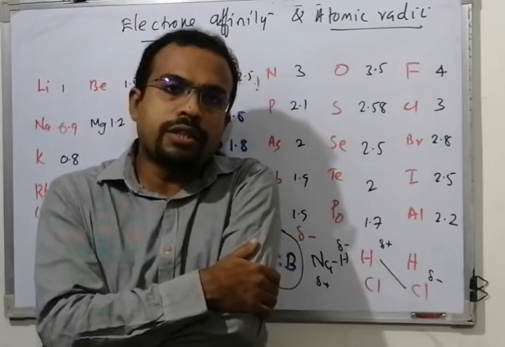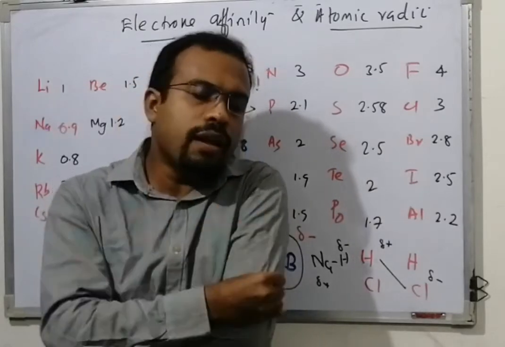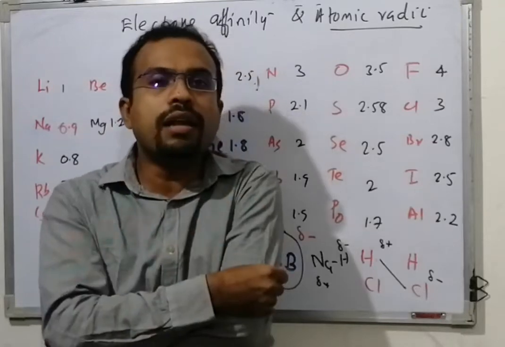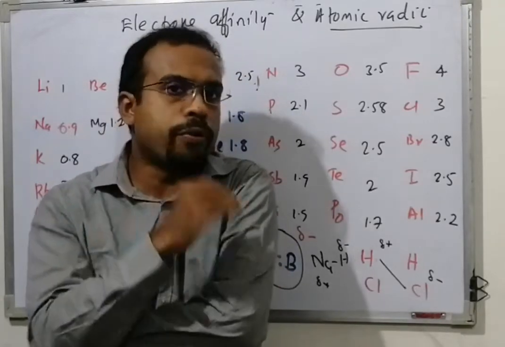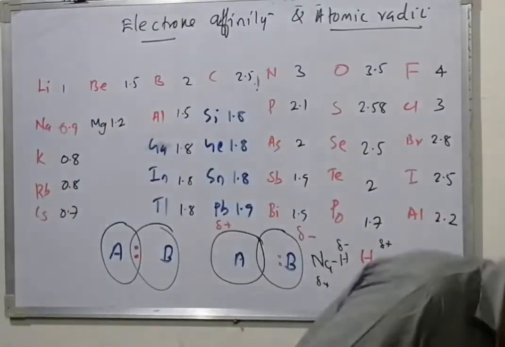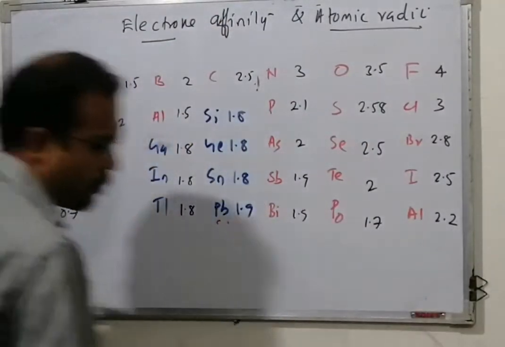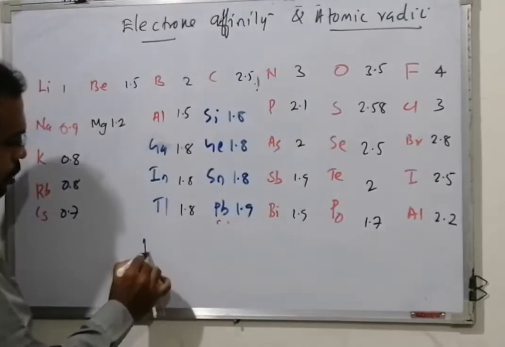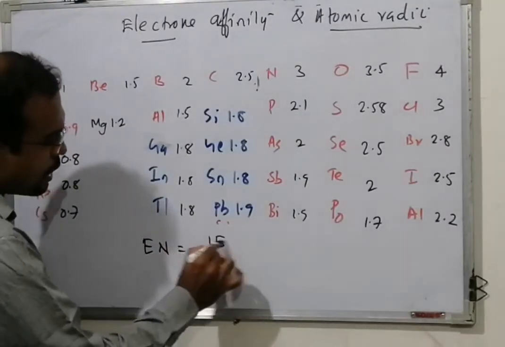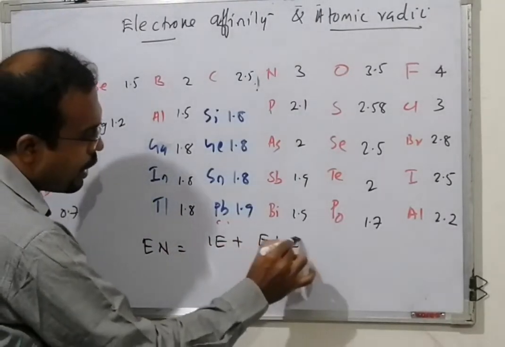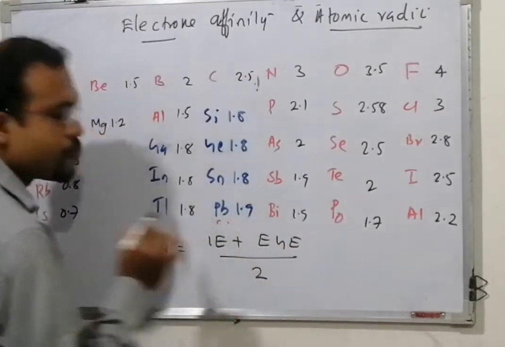Electronegativity has been calculated by the Mulliken scale and the Allred-Rochow scale. These are the two important ones. In the Mulliken scale, electronegativity is equal to ionization energy plus electron gain enthalpy, divided by 2.